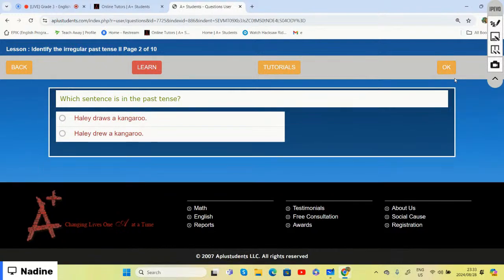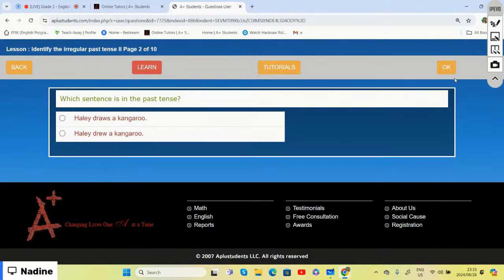So well done. It says Haley draws a kangaroo, or do we say Haley drew a kangaroo?